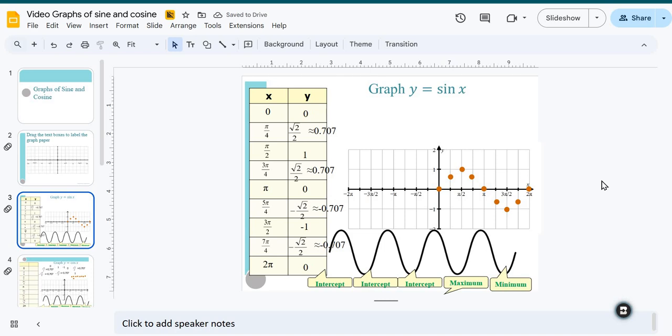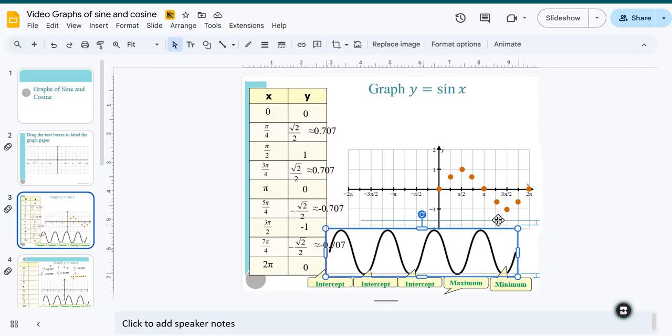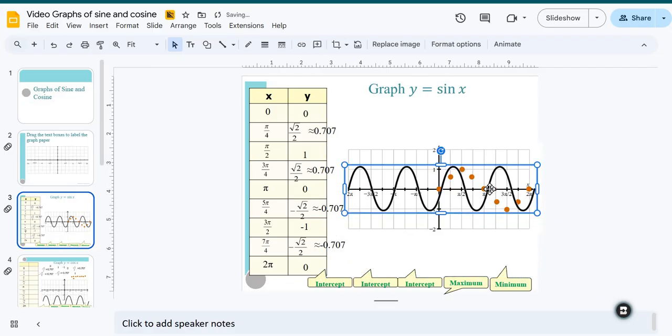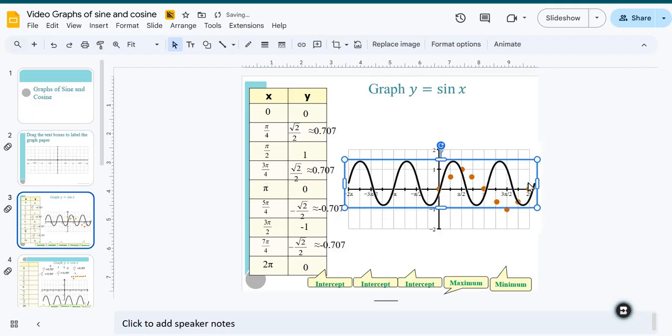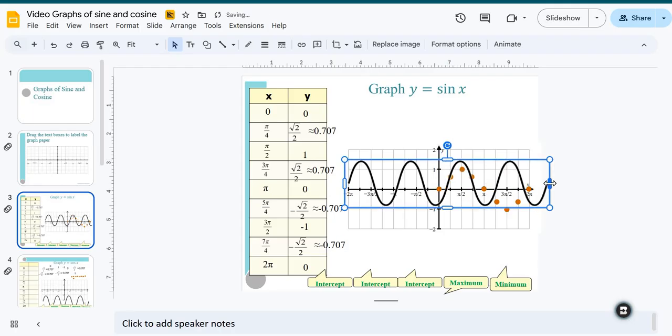Notice that we get this wave-like shape, which is why we can now take this wave-like shape that I have here and try to match these points together. So I'm going to need to expand mine a little bit.